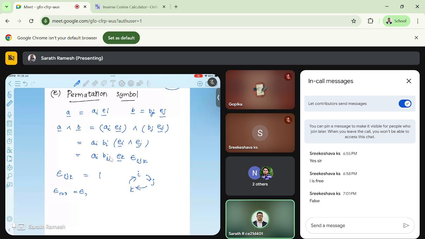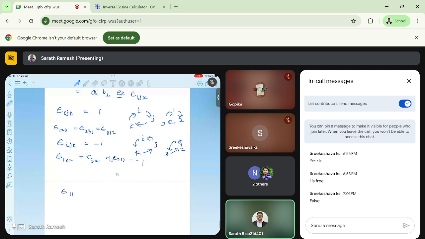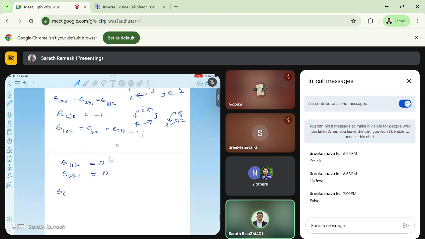Now, what is epsilon 1, 1, 2? 0. Epsilon ijk is 0 if any two indices are repeating. So this is a new notation symbol that we have studied today, the permutation symbol.